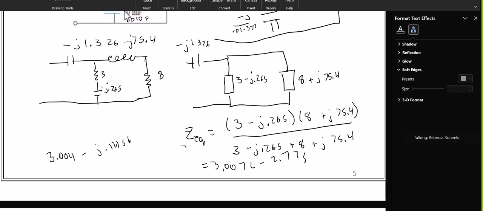And then to get our total impedance, we still have to add in this last capacitor that was in series. So I'll take the 3.004 minus J 0.1456 and add in minus J 1.326 to get our final answer.